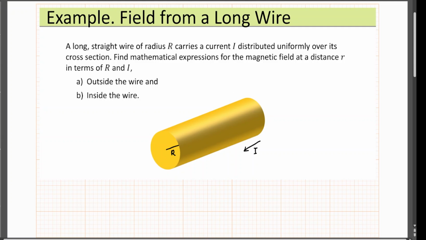Due to the line symmetry of the problem, outside of the wire, the field will draw circular lines centered on the axis of the wire. Encircling the wire with a concentric circular Amperian loop of radius r, the magnetic field has the same magnitude at every point on the loop. We shall integrate counterclockwise so that the length elements have the same direction as the expected direction of the field.